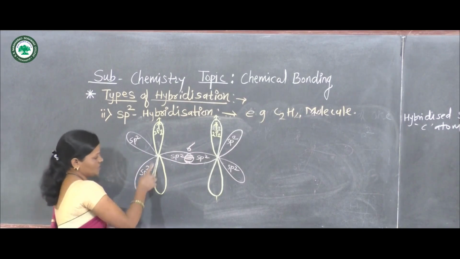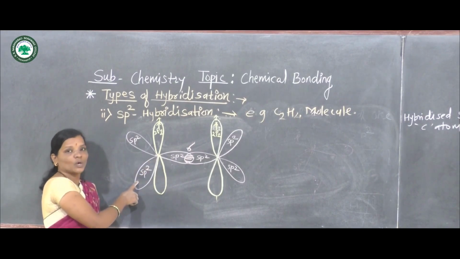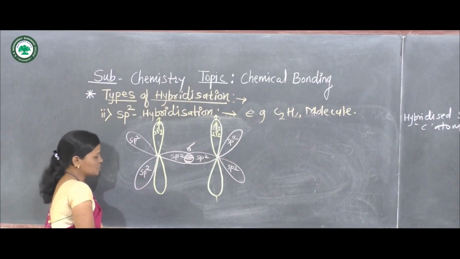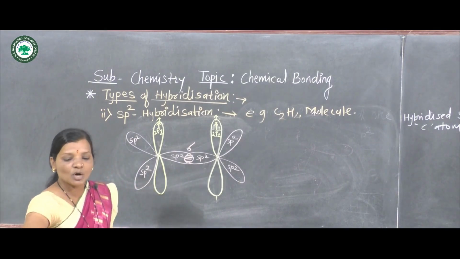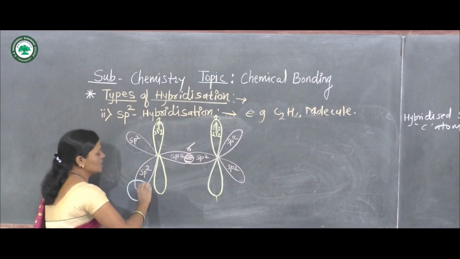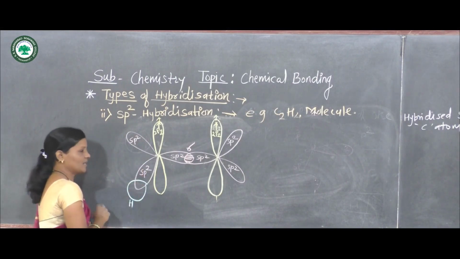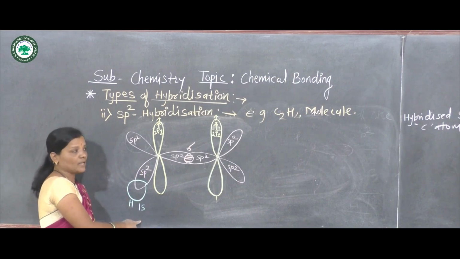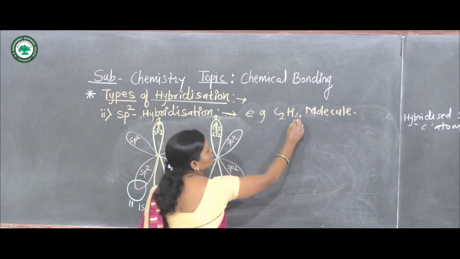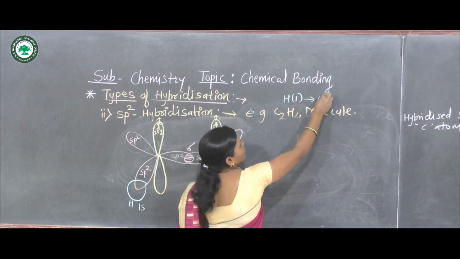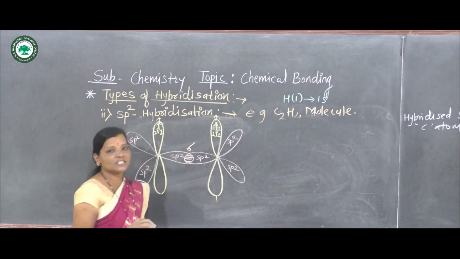Now here the second sp2 hybrid orbital of the first carbon atom overlaps with the s orbital of a hydrogen atom. This one is the hydrogen atom. Which orbital overlaps? The 1s orbital, because here hydrogen's atomic number is 1 and its electronic configuration is 1s1.